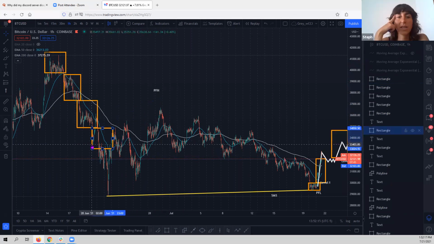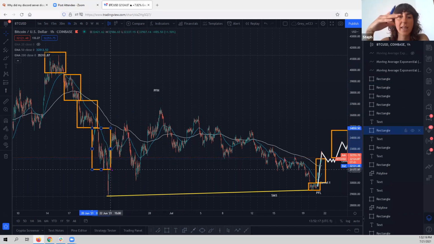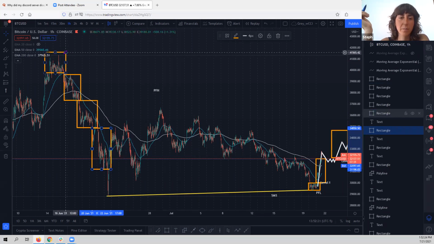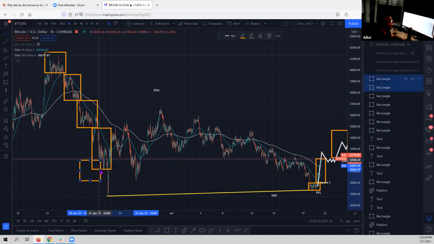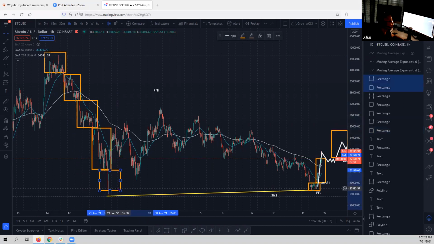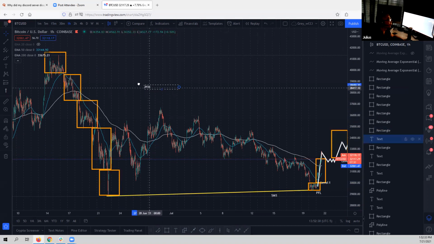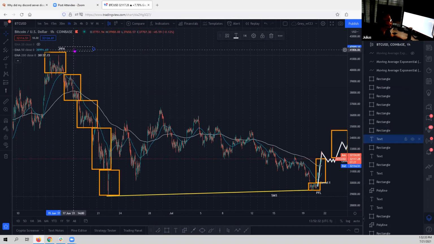So in the consolidation, that liquidity pool is the end of the level. Give me a second. Okay, and that would be peak formation low, PFH.